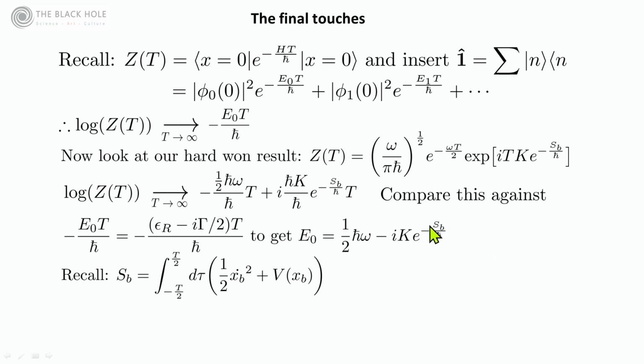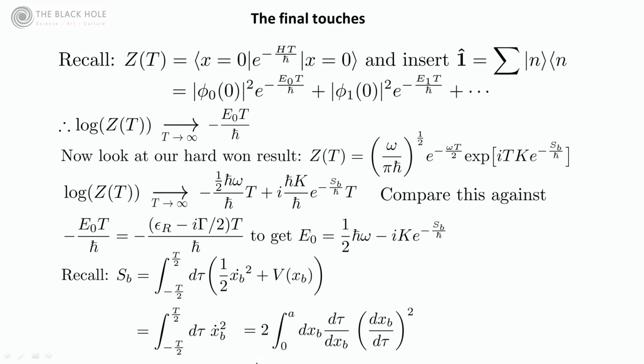The most important thing over here is, of course, what is SB? SB is equal to this thing, as we saw much earlier. So we're integrating from the starting time to the ending time of this action, of this Lagrangian in imaginary time? Well, we know that energy is conserved. So V of xb is equal to half of xb dot squared, which means that we just have one term over here, and now some minor simplification which we'll carry out.